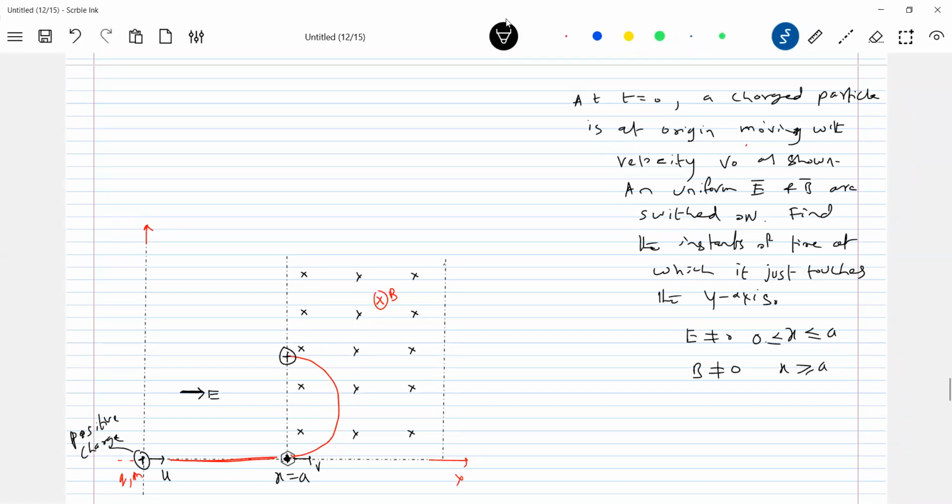Now it will encounter electrostatic force. It will undergo retardation, so it will move along a straight line, and just as it arrives, what should happen to the particle now?